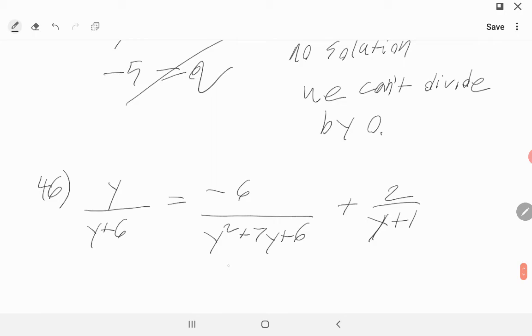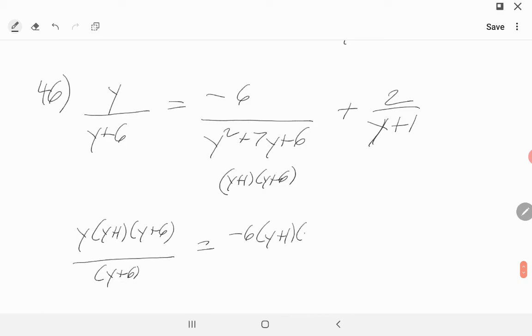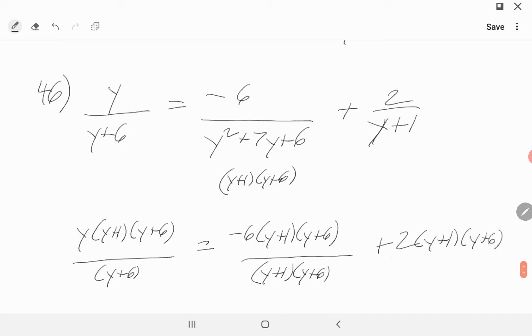We have to factor everything. We notice that y squared plus 7y plus 6 factors as y plus 1, y plus 6. And so we can multiply both sides by y plus 1 and y plus 6. That means we're going to get y plus 1, y plus 6 divided by y plus 6 equals negative 6, y plus 1, y plus 6, all divided by y plus 1, y plus 6, plus 2, y plus 1, y plus 6, all divided by y plus 1.